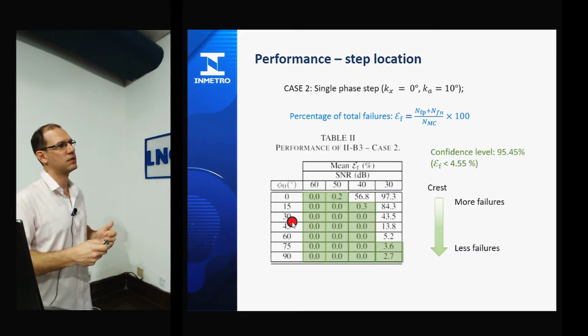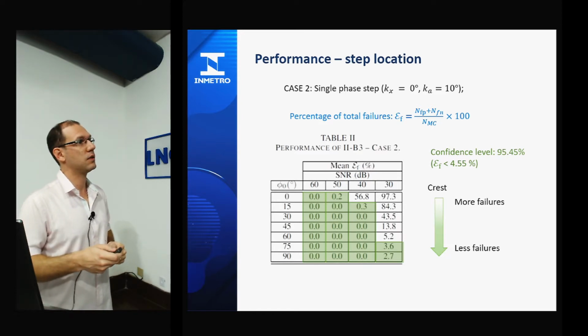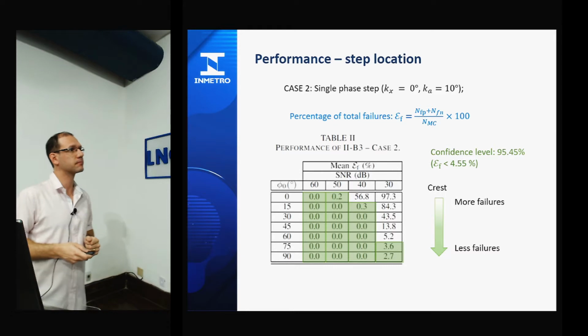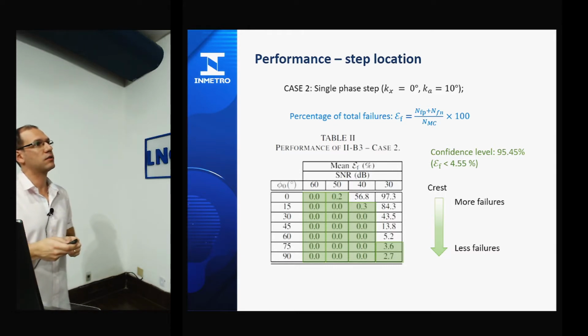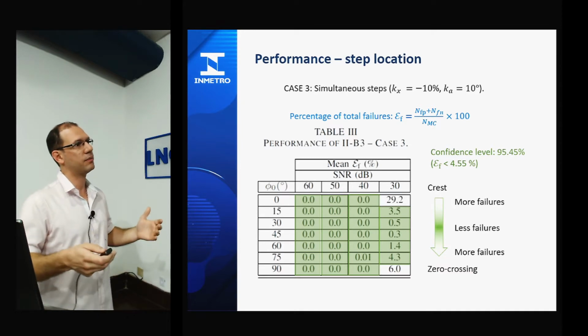When the initial phase goes near 90, it is easier for the detection to estimate the step location. And when we go to the third case, we have a mix of the two performances.